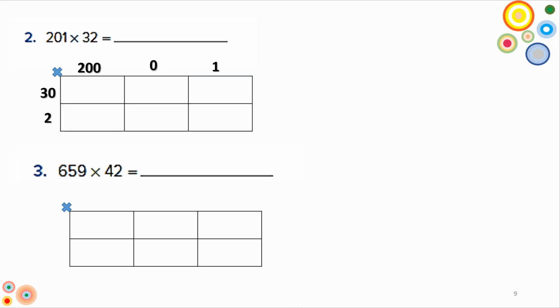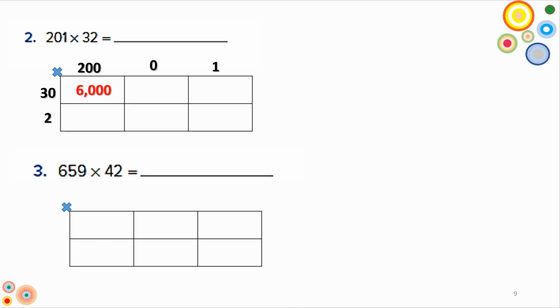3 times 2, it will be 6. And how many zeros in both of these numbers? I have 1 zero in 30, so drop this 0, and I have another 2 zeros in 200. So I have now 1, 2, 3 zeros in all.